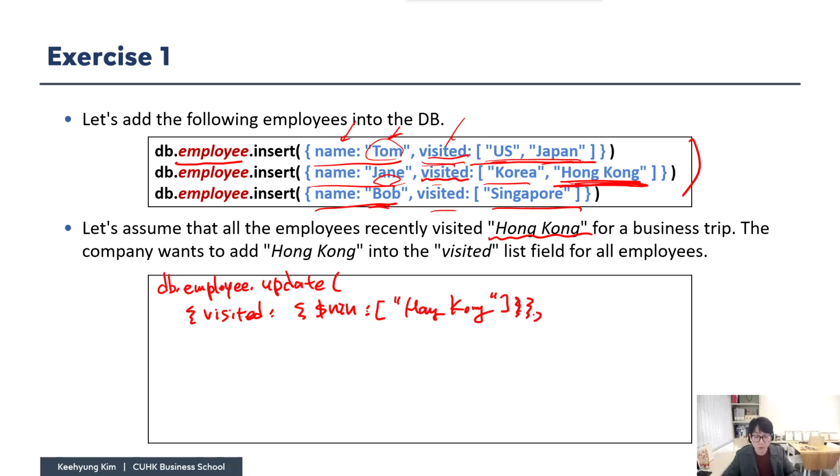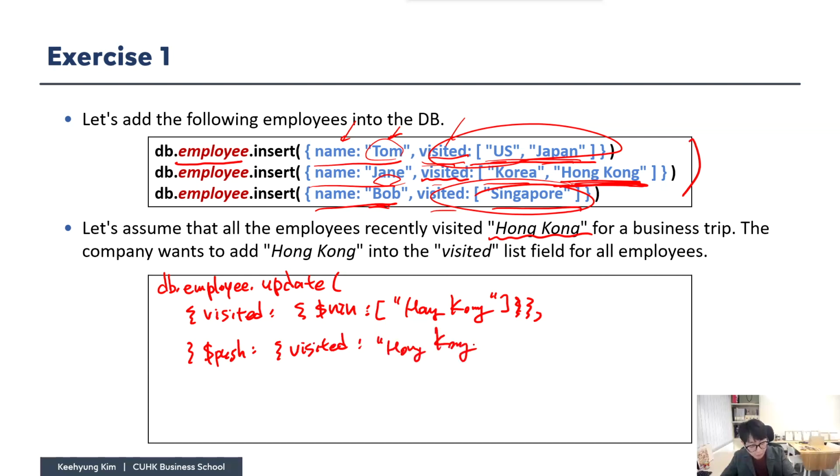So we design the query here to select this one and this one. And if there's no Hong Kong in the visited list, we add Hong Kong. So we use the push operator, and on the visited field, we add the Hong Kong value, the Hong Kong element there.